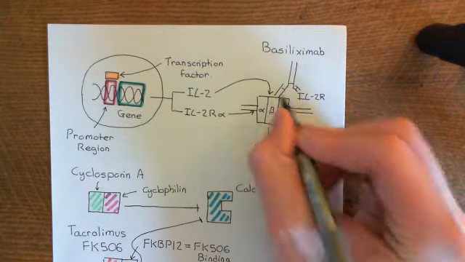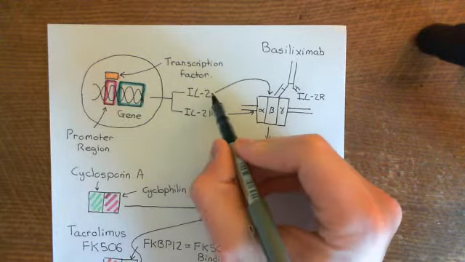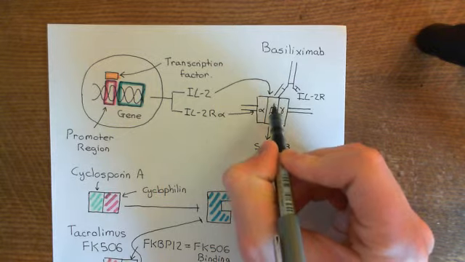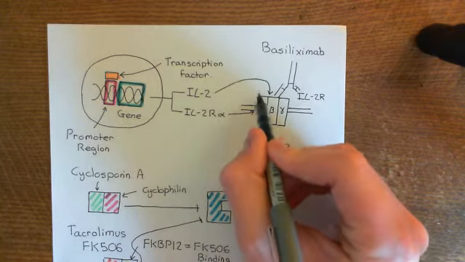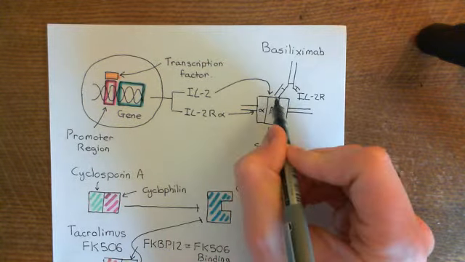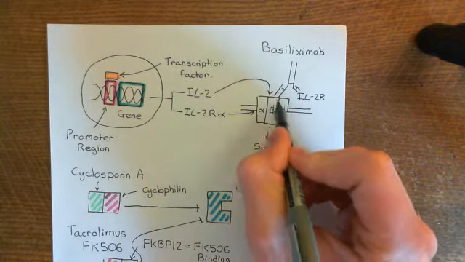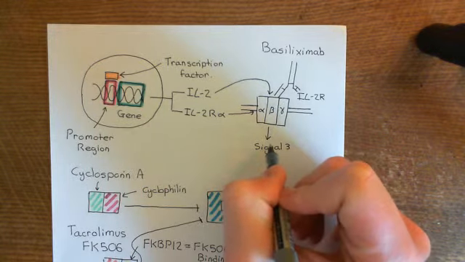So it will bind to these interleukin-2 receptors, and then it will block the extracellular domain from the interleukin-2. So interleukin-2 will now not be able to bind to this interleukin-2 receptor, and therefore, even if the cell does produce interleukin-2 and the interleukin-2 receptor alpha, the drug will bind and therefore block the interleukin-2 from being able to bind to the interleukin-2 receptor, and that will stop signal 3 from happening, basically.